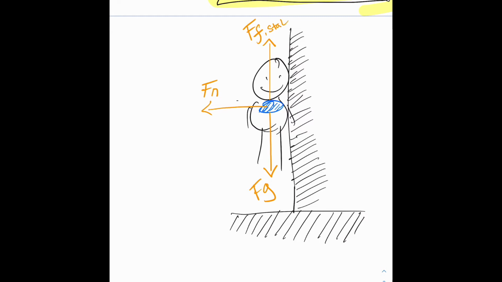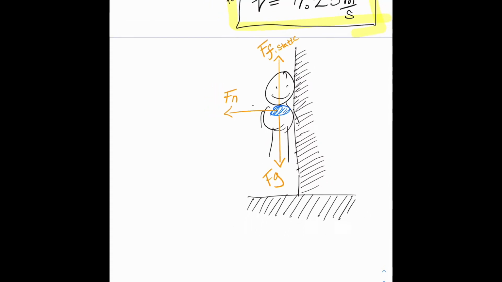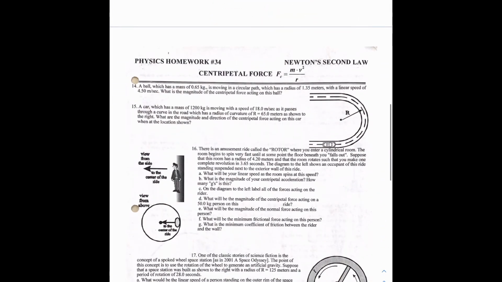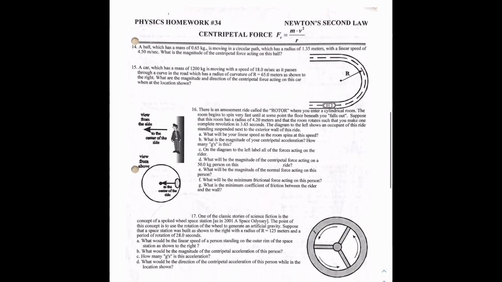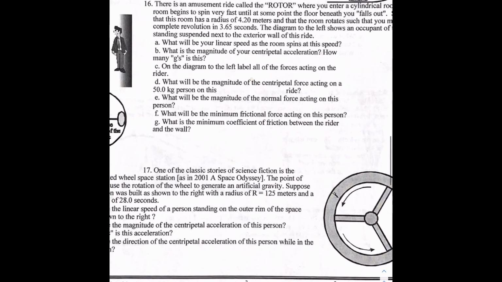Probably not, but I'm going to include it, because the person's not moving. I mean, they're rotating in a circle, but they're not moving relative to the surface. The surface is rotating as well. All right, did we do everything? I think we did for part C. I don't think we forgot any.